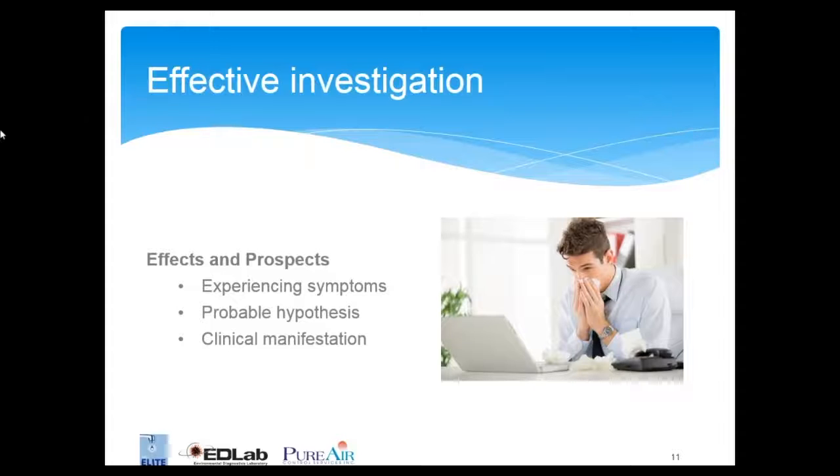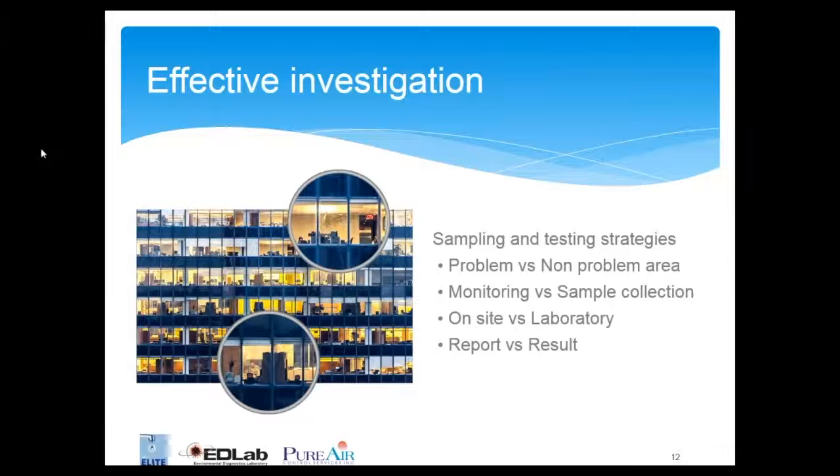In the next slide, I would like to show that if it is a multi-home building or office building, then you can see in the same structure, some places, as you can see, the one in the first circle is enhanced, looking cleaner than the bottom circle. And what is happening is that if you are collecting the sample from the top circle, then perhaps you are not going to get much, because the problem was actually in the bottom circle.